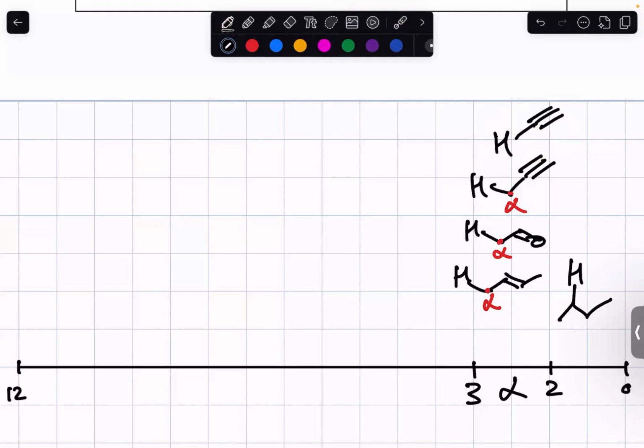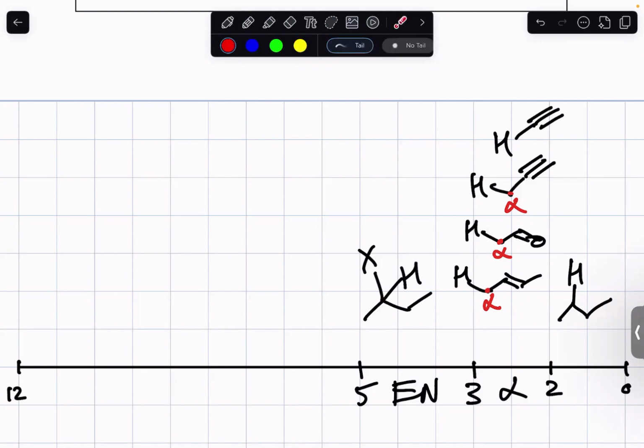Now 4 or 5, I would say, like let's say 3 to 5, right? 3 to 5 is the electronegative region, where the hydrogen is attached to a carbon that is attached to an electronegative atom: oxygen, nitrogen, chlorine, bromine, iodine.